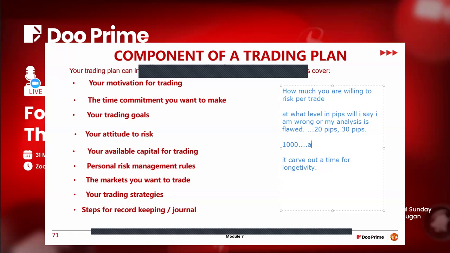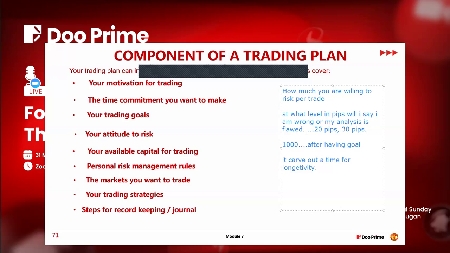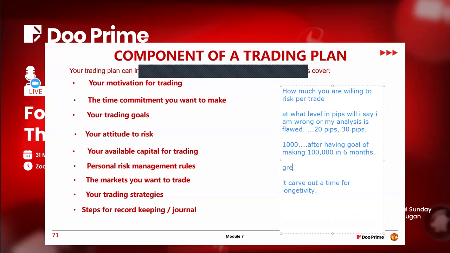After having that ambition, having the goal of transforming your $1,000 into $100,000 in 6 months, because of greed, because of fear, which are the major elements, because of FOMO, you have a trading plan and you are not following it.